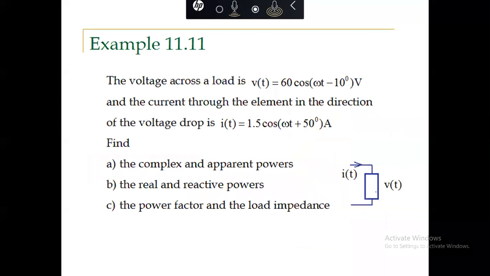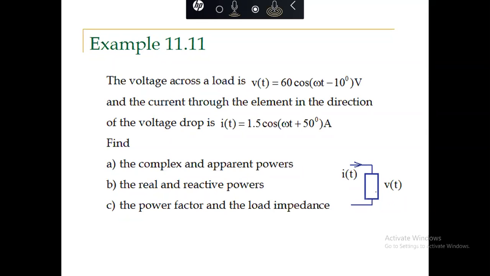So we will see a problem here. The voltage across the load is given in time form, and the current through the element in the direction of the voltage drop is I of t equals 1.5 cos(omega t plus 50 degrees).